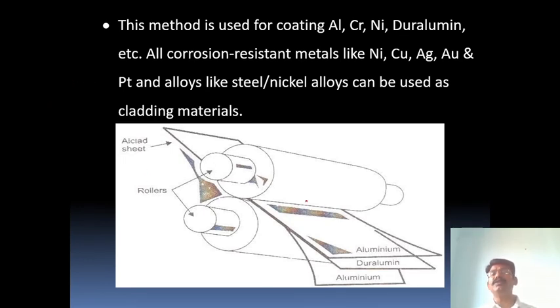This method is used especially for aluminum, chromium, nickel, duralumin, etc. So these metals are actually all corrosion resistant, like nickel, copper, iron, gold, silver and platinum and other alloys, steel alloys, you are to use by using this cladding material.